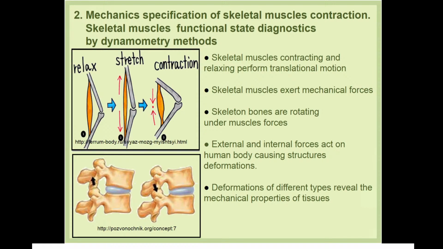Skeletal muscles contracting and relaxing perform translational motion. This is an example of translational motion. Skeletal muscles exert mechanical forces. Skeleton bones are rotating under muscles' forces.